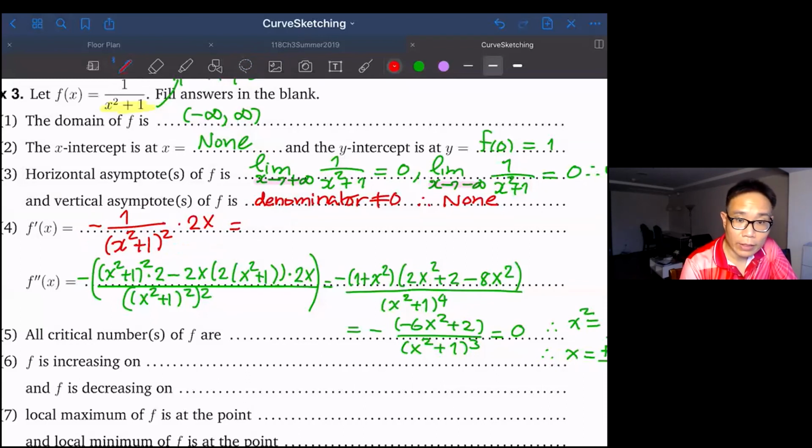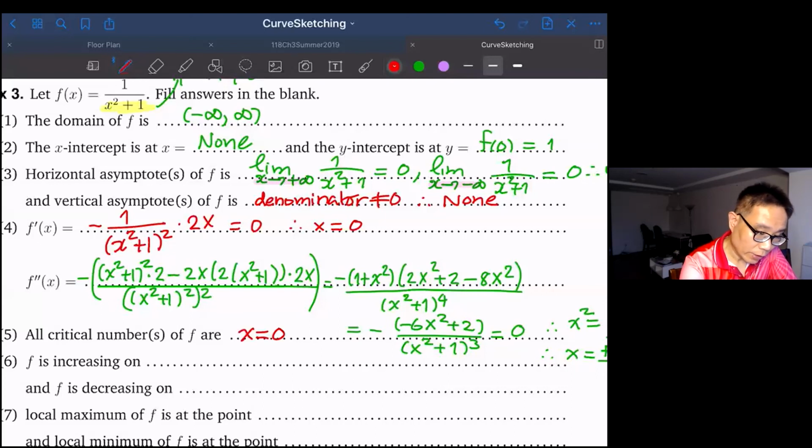So you have this guy equal to 0, and so you get x equal to 0 for your critical numbers. So you have only one critical number, x equal to 0 in this case.